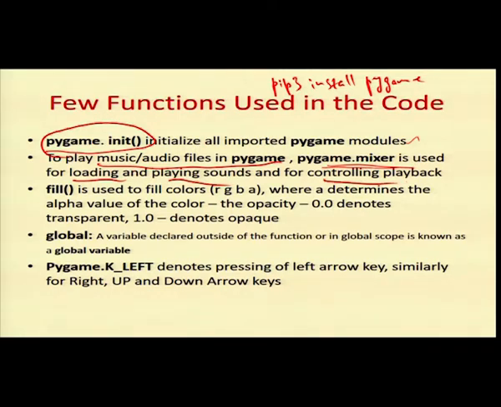Then we have a fill function. What is the use of this fill function? This fill function is used to fill the colors. How do I have the fill colors? My dear viewers, by default you might know we use 3 different colors: R, G, and B. R stands for red, G stands for green, B stands for blue.